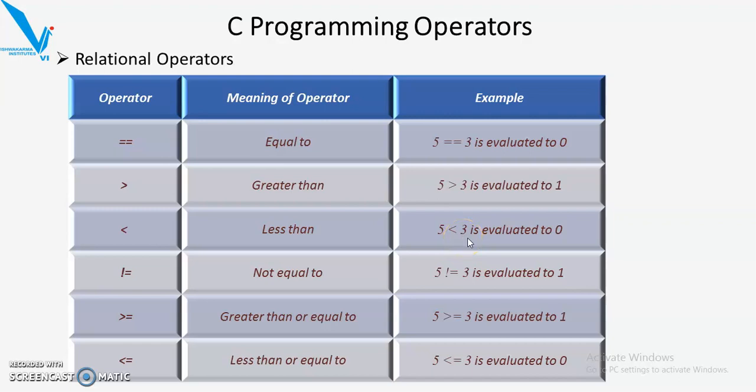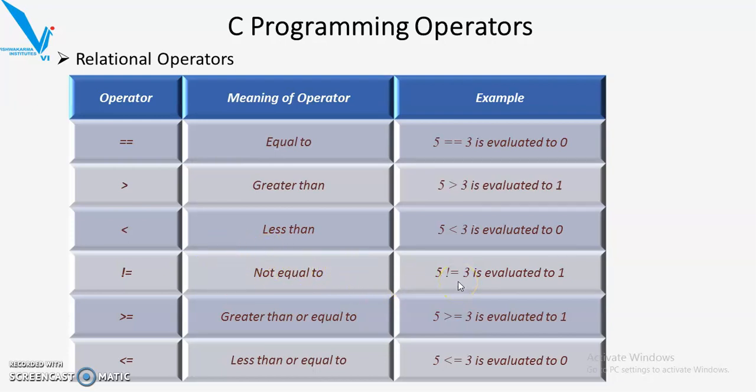If yes, then it will produce 1, otherwise it will produce 0. In this example, as the left operand is greater than the right operand, it will give the 0 value at the output.